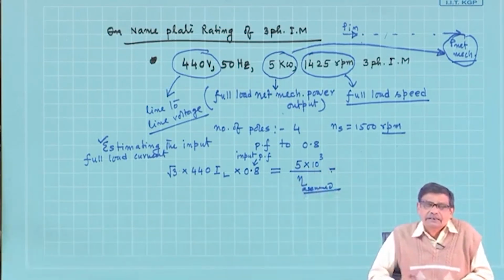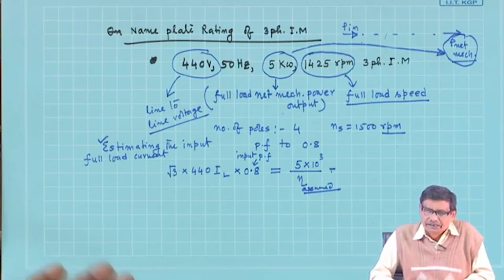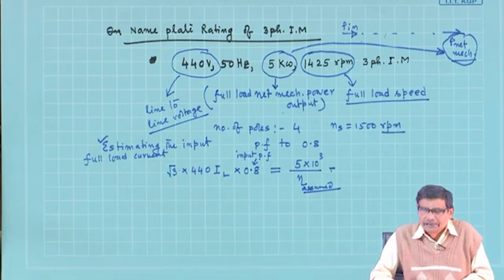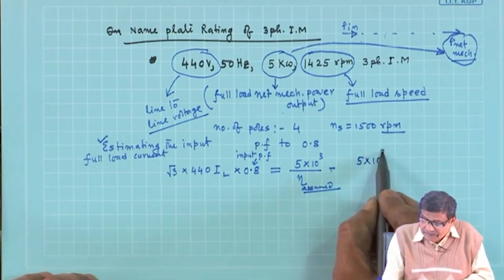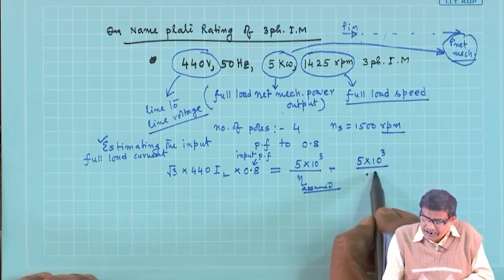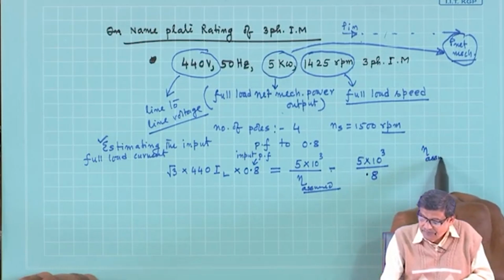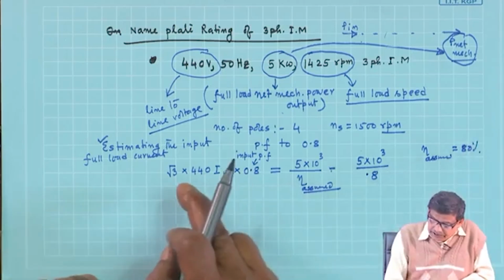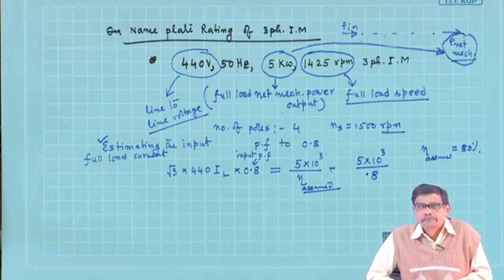Only the assumption is that the motor has been designed by somebody who has at least maintained these figures. Input power factor is at least 0.8, efficiency is say at least, take say 80%, assumed 80% efficiency. So, it is from these figures I will be able to calculate IL.